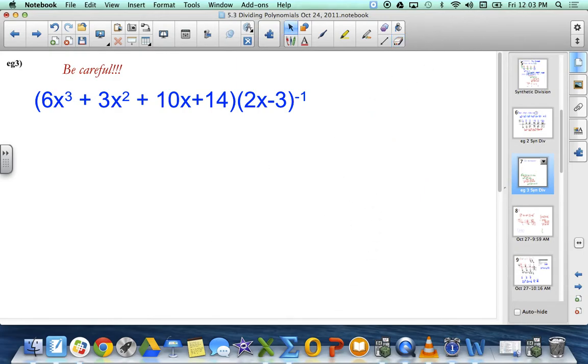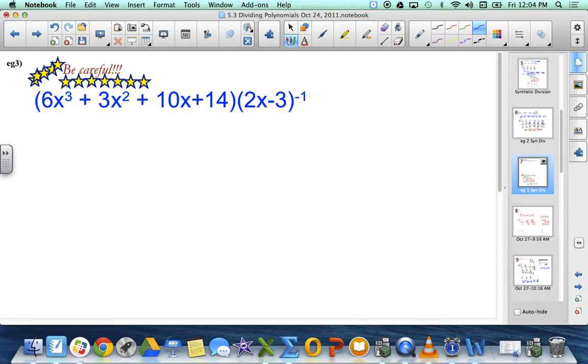We need to put lots of stars by this one. What is the difference between this divisor and the divisors before? It has a coefficient in front of x. That is correct. In order to use synthetic division, you can't have a coefficient greater than 1. It has to be 1x minus something.